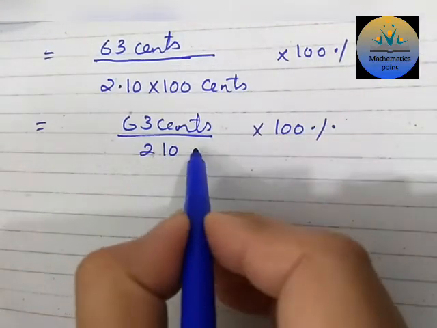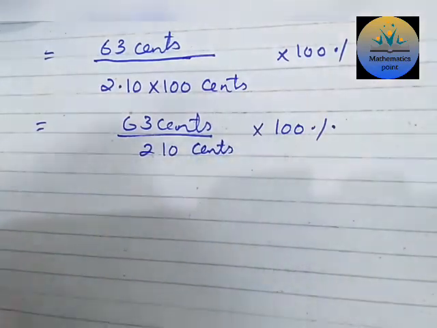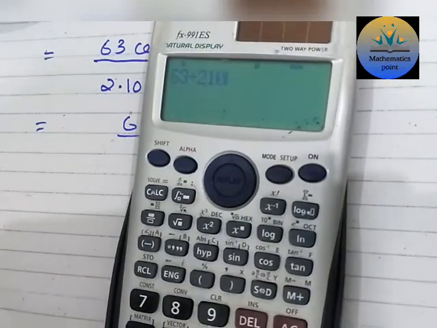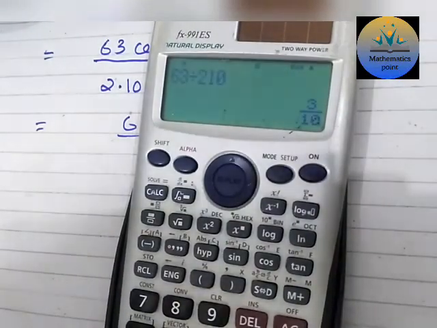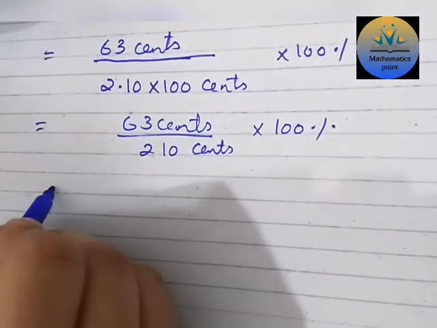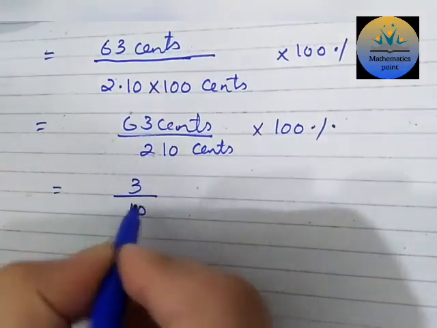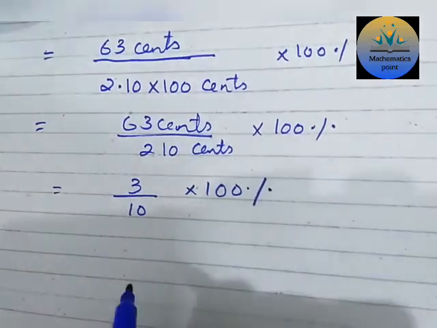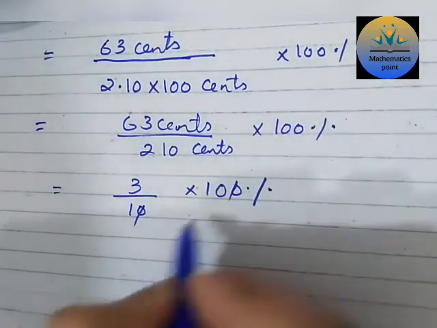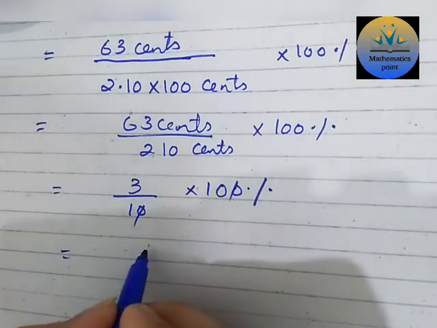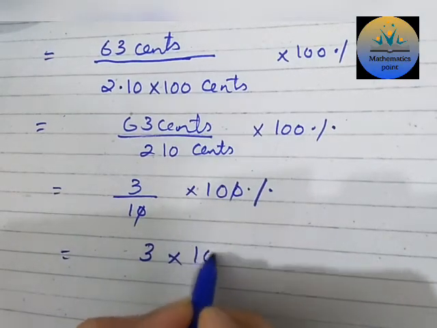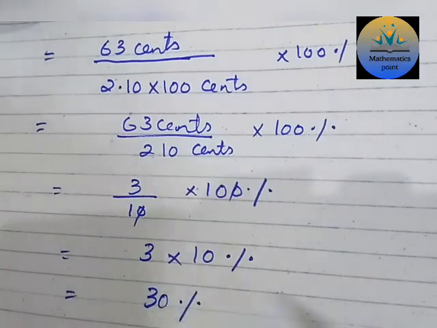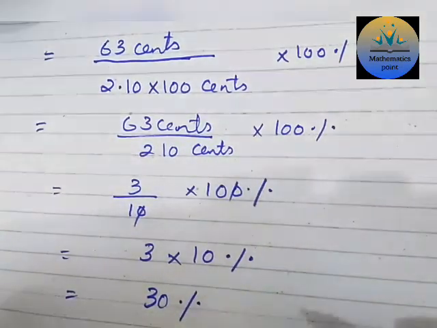As now both these units are in cents, now we can simplify it. So we divide 63 by 210. So we'll get a fraction 3 by 10. That is 3 by 10. No, we don't need to write the units again because we want to find our answer in percentage. Now cut this 0, and what is left behind is the 3 and 10%. So it becomes 30%. This is the answer of part H.